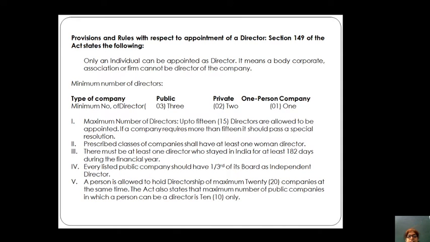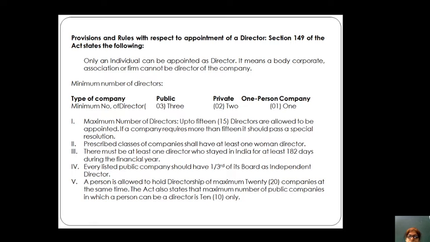There must be at least one director who stayed in India for at least 182 days during the financial year. Every financial year starts with March and ends with April. Within these 12 months, he must stay in India for 182 days because he is working for the country India.